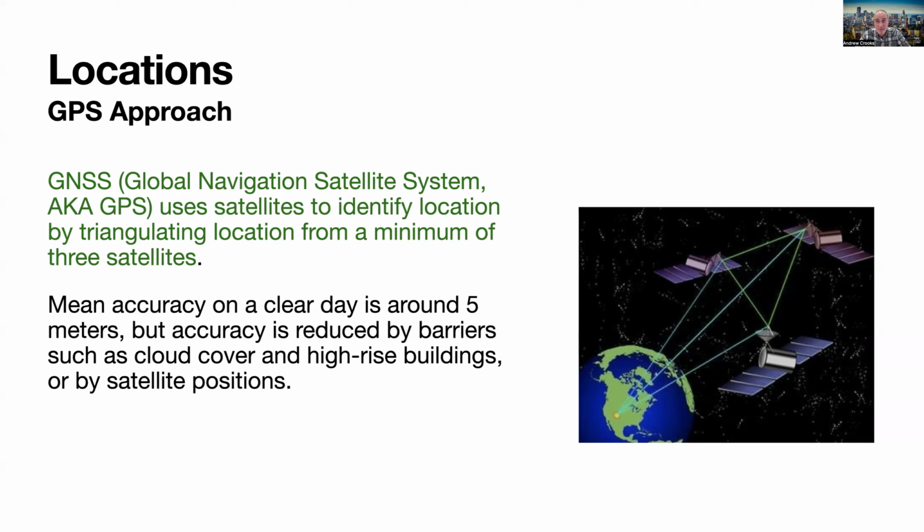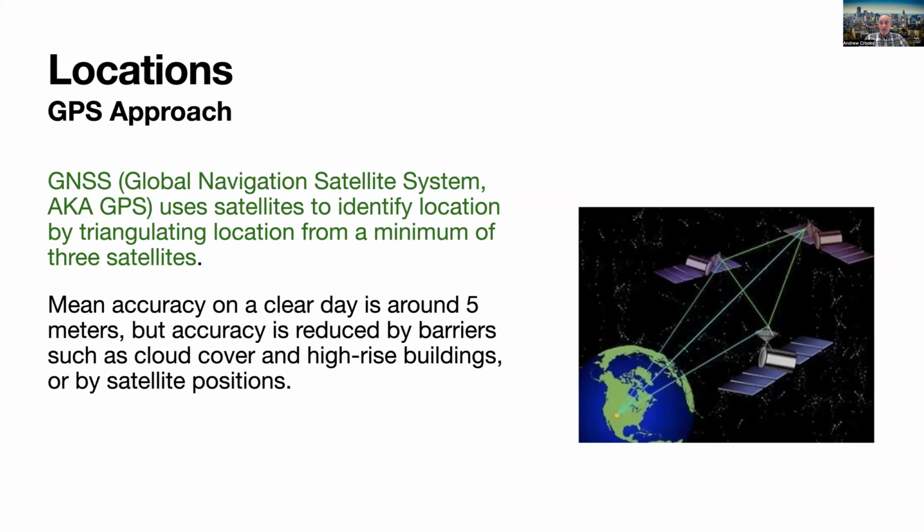But these come from global navigation satellite systems, or GPS, or GNSS. There's multiple GPS constellations around there. The US has one, and then Europeans have their own called Galileo, like we talked about in previous classes.